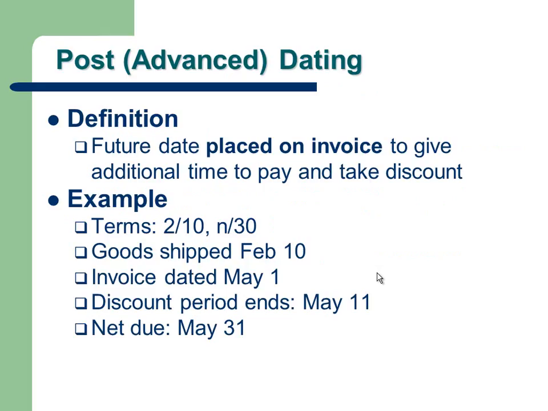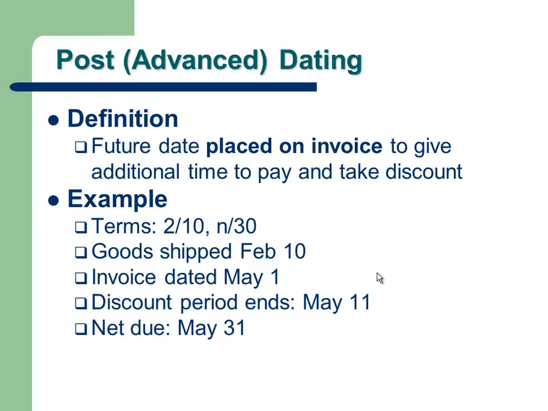The last dating term that we're going to learn is what we call post or advanced dating. This dating term basically means that the vendor puts a future date on the invoice instead of the date that the merchandise shipped out. I said before, the invoice date is usually the day the merchandise is shipped out from the vendor.